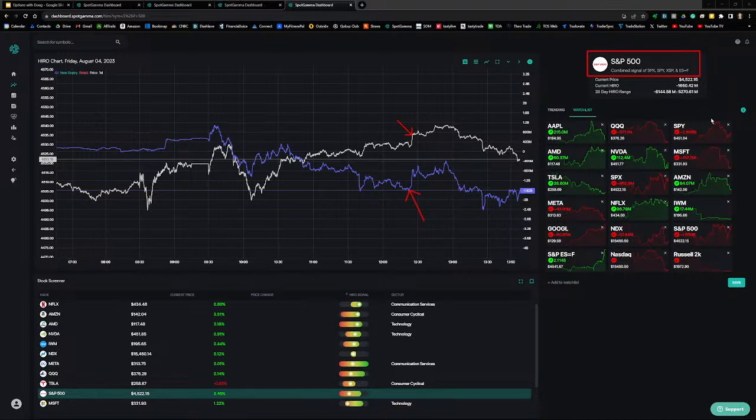All right, now this number is negative for the day, negative gamma notional. So net S&P traders are taking negative delta positions. That's minus 1.67 billion. Let's zoom in on this chart.